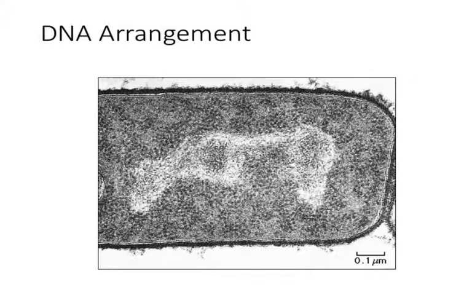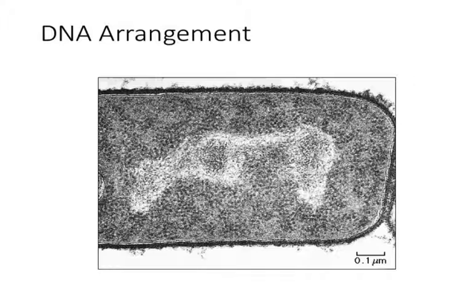I just want to show you what this looks like. So this is an electron micrograph of a prokaryotic cell. A couple of the features we'll talk about later on, but here is the nucleoid. And we can define it because it stains differently than the rest of the cytoplasm. So that's where our events of transcription and replication are taking place.